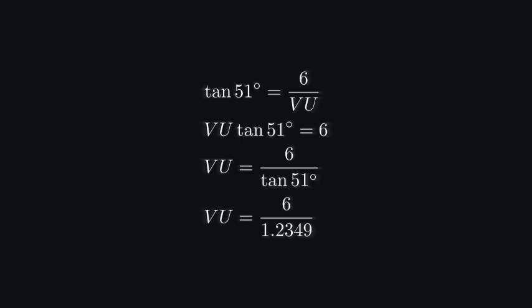VU equals 6 over 1.2349. Continue the aligned calculation. The next steps are shown one line at a time.